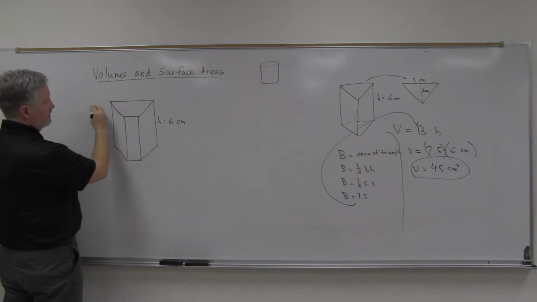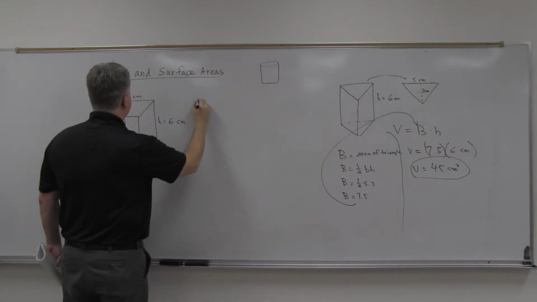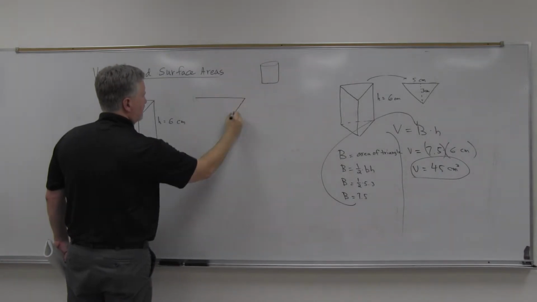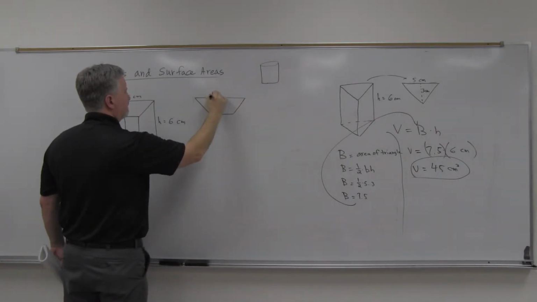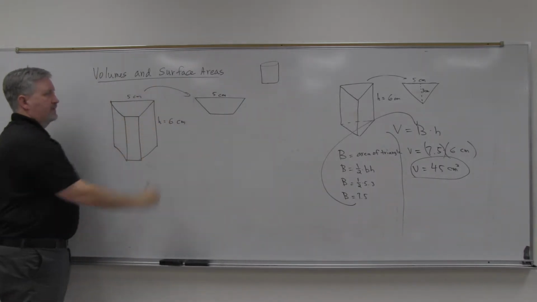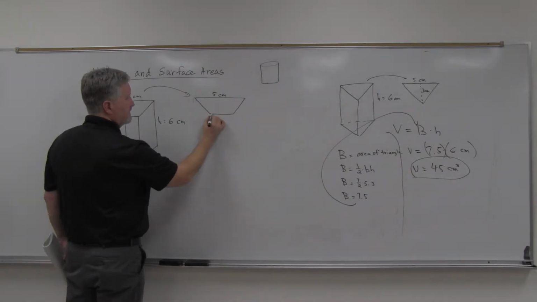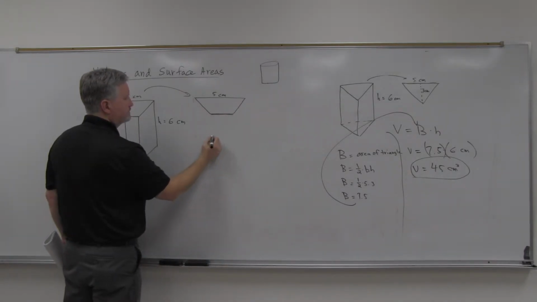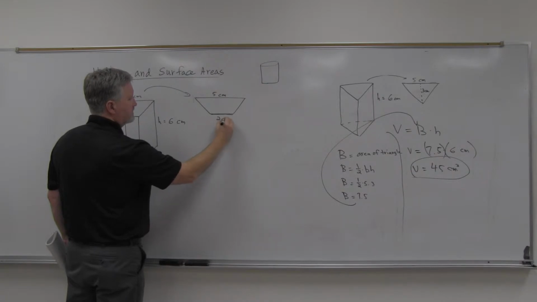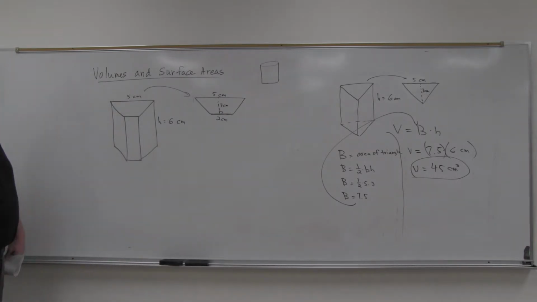And, all right, so its base is 5 centimeters, but I'm going to need a couple other things for that trapezoid top or base. I'm going to need this for little b, right? So let's call that 2 centimeters, and then make that height again 3 centimeters. We're going to need a couple other things.